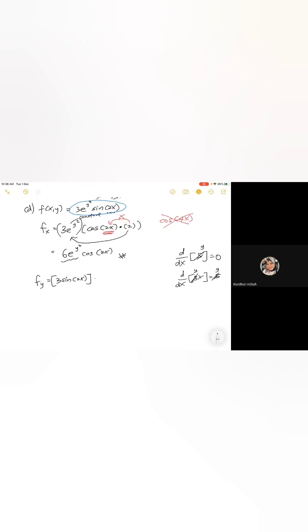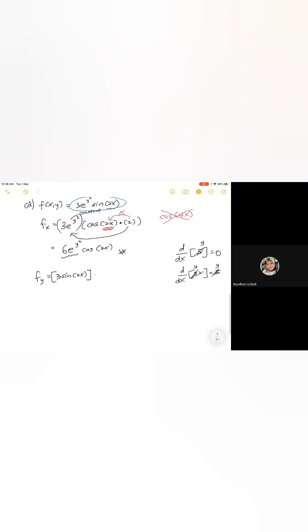It is the same as the 5x earlier. What we want to differentiate is only e to the power of y squared. Differentiating an exponent gives the exponent again, e to the power of y squared, and then multiply by the derivative of y squared with respect to y, which gives 2y. So this is your answer. Again, you can multiply to the front, 2 times 3 gives 6.